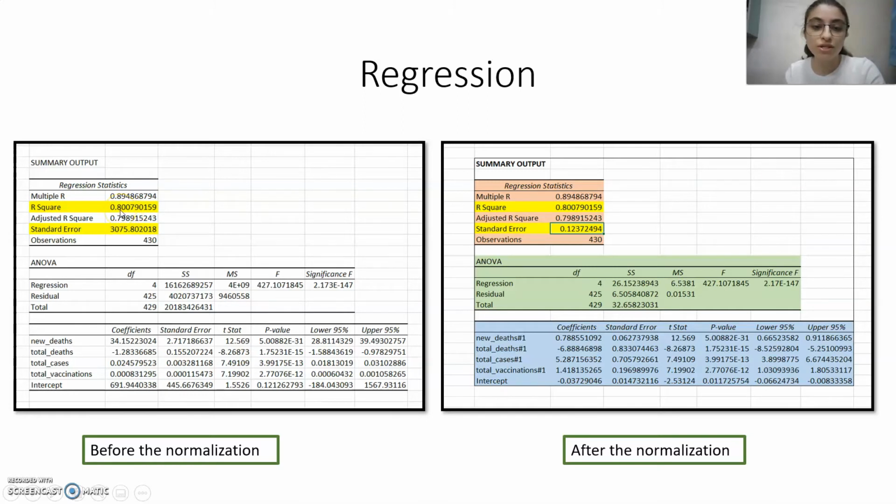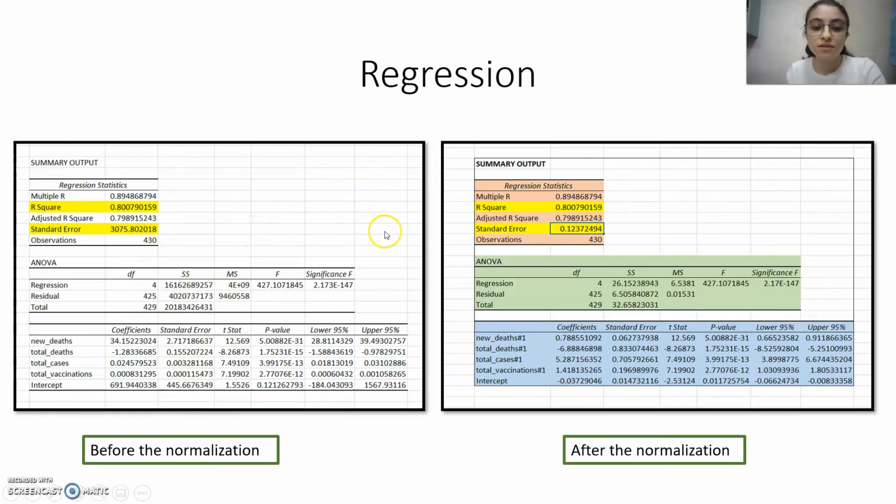The R square actually answers the question of how much of the data this model explains. But the standard error is quite high, due to the fact that it was done before the normalization, and as I said before, the columns had a wide range of values, which results in a high standard error.